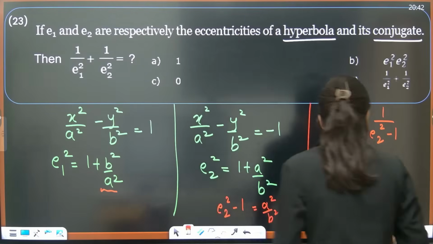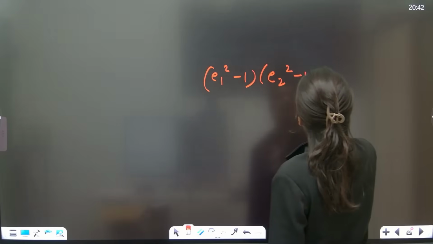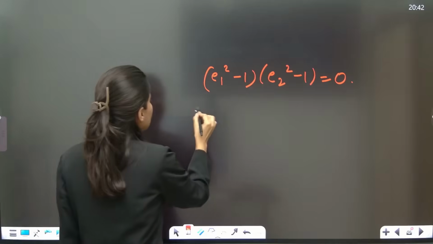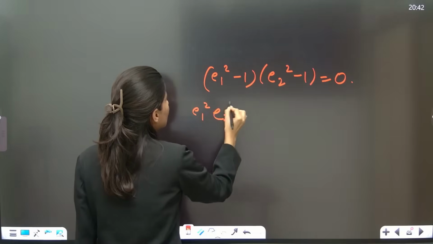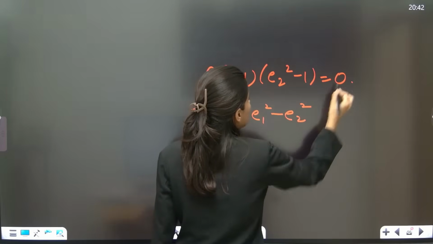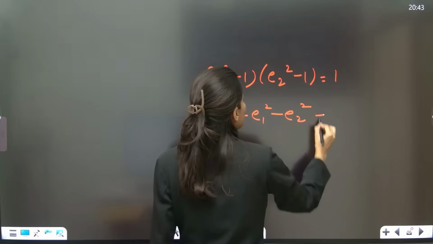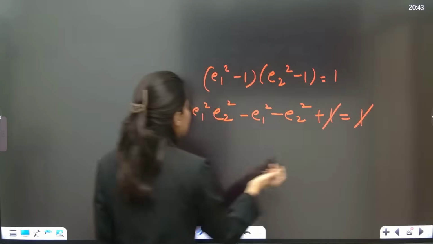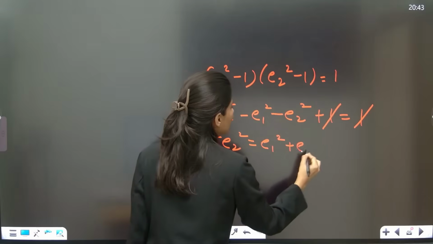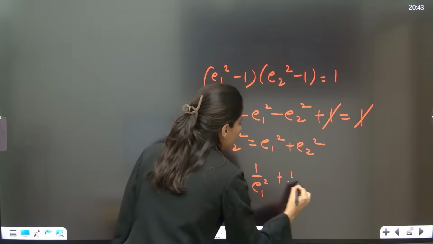So E1 square into E2 square minus E1 square minus E2 square, plus 1 equals 1. The 1 cancels. So E1 square E2 square is equal to E1 square plus E2 square. If you divide this, 1 is equal to 1 upon E1 square plus 1 upon E2 square.